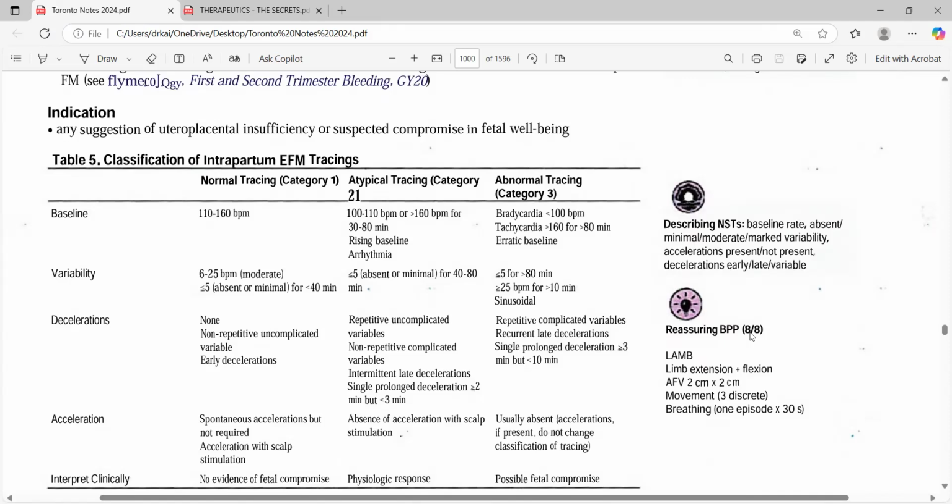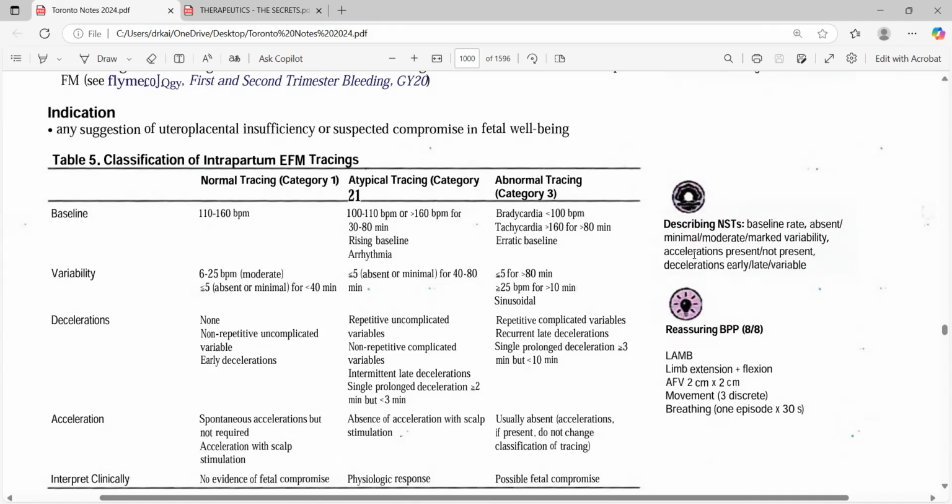NST is checking for the heart. BPP is biophysical, like all the parameters. So in those ones, we are checking limb extension, body movement, the fluid inside, and then the breathing. So everything, just for your idea.